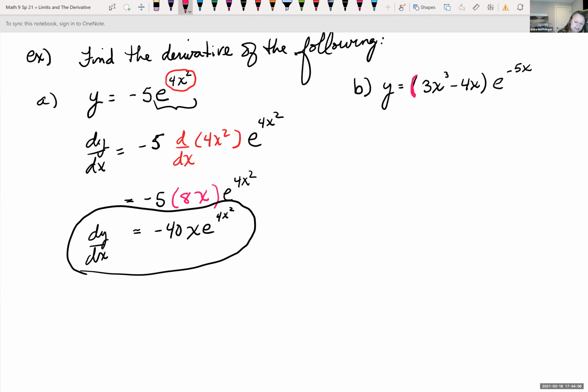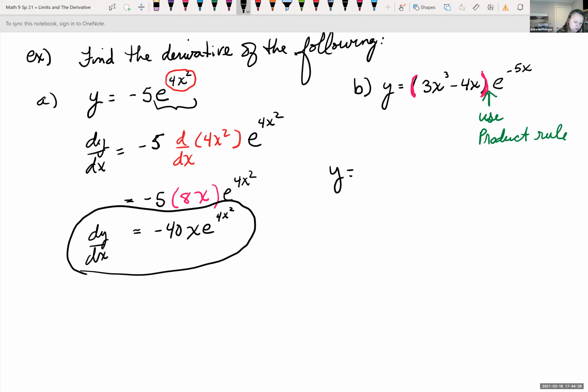So let's treat the parentheses as one function and the e as another function. And so we're going to need to use the product rule. And the product rule, recall, was take the derivative of the first function times the second. So let's just write that.